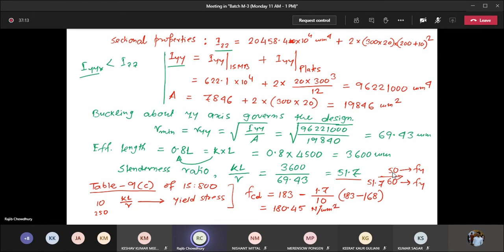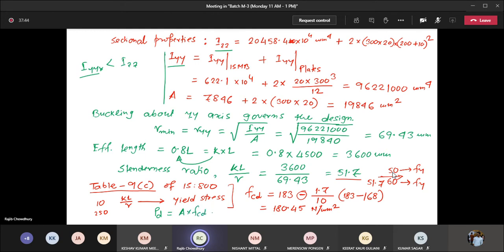Now surprisingly, as we are increasing the slenderness ratio, the design strength becomes smaller and smaller. That is why this negative sign comes into the picture. After calculation of this FCD value, the next thing is to find the design force or design load, which should be effective area multiplied by FCD.